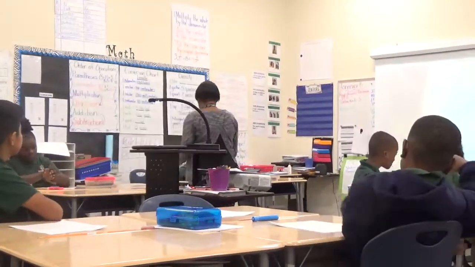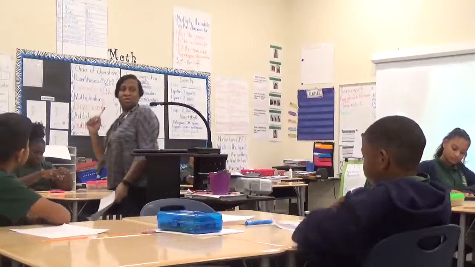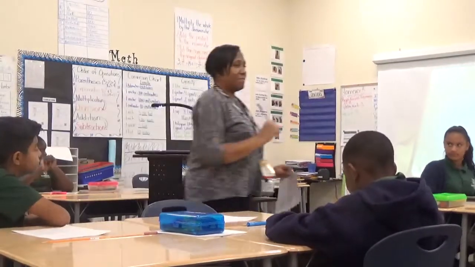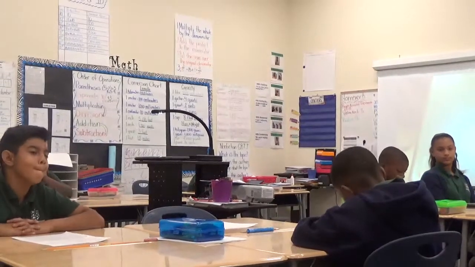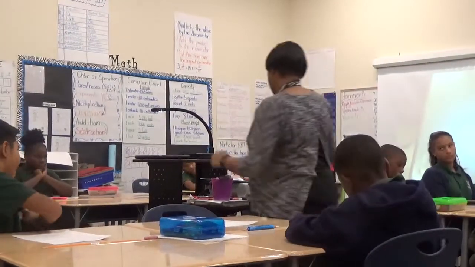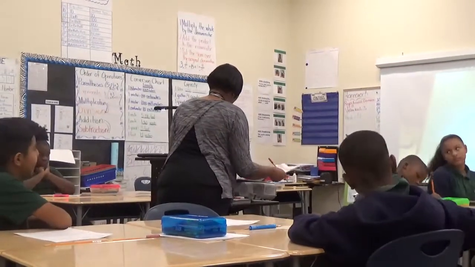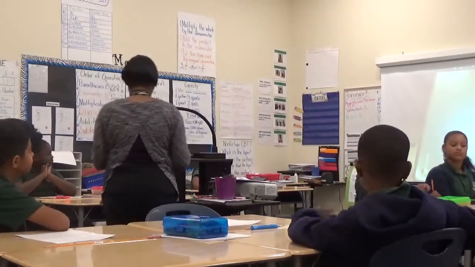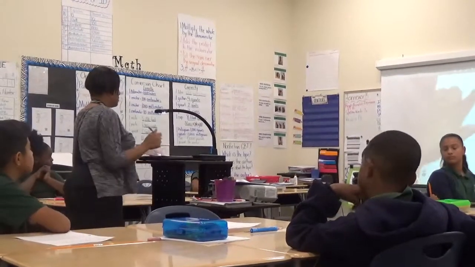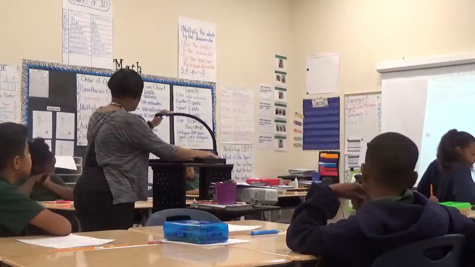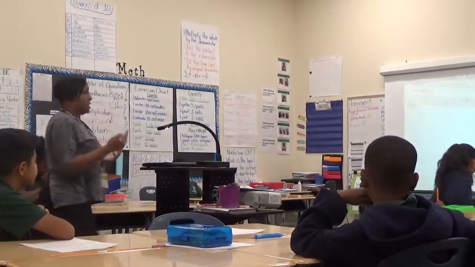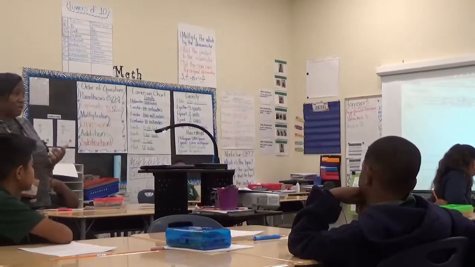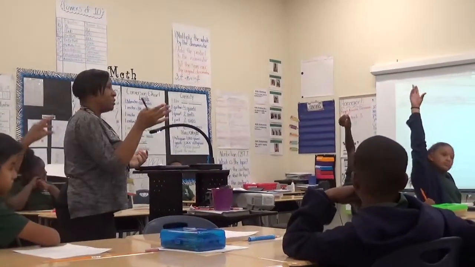What we have to understand is part of what Zubair was saying. If we know that 24 divided by 3 is 8, then is 240 a compatible number as opposed to 230?